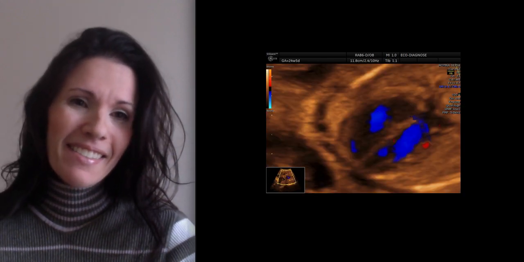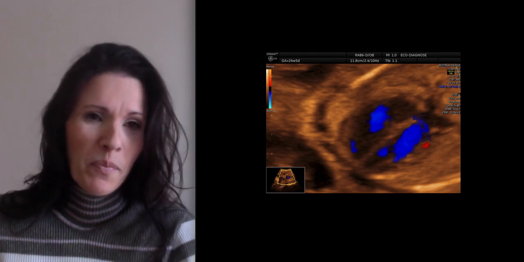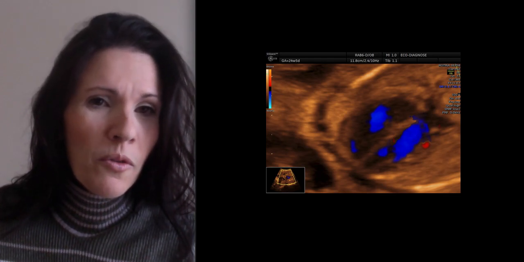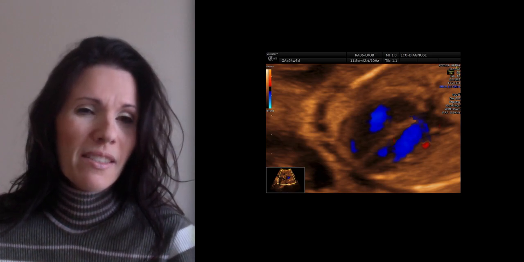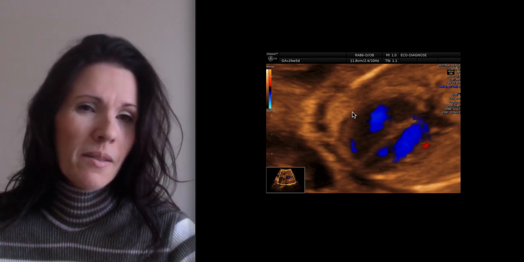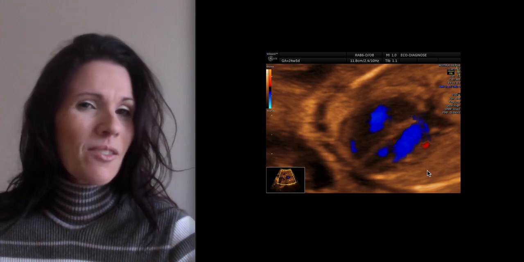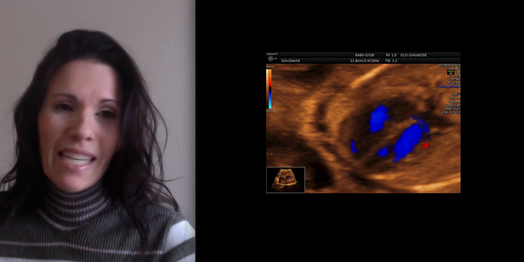My first impression, I was in doubt, and this is very interesting because at 24 weeks gestational age, I saw the right side bigger than the left side, and this is not totally normal at this age.